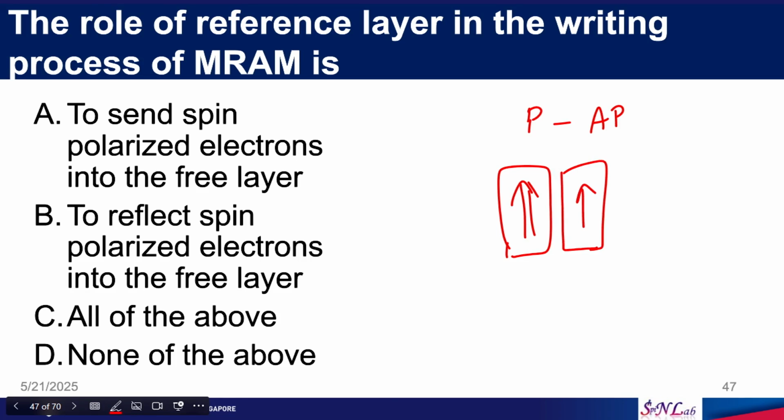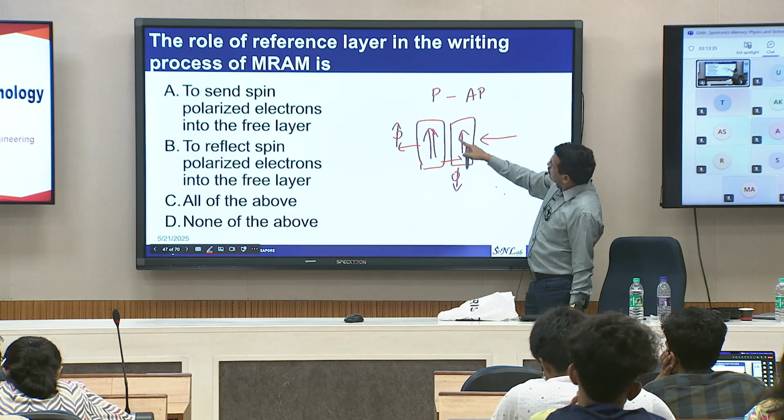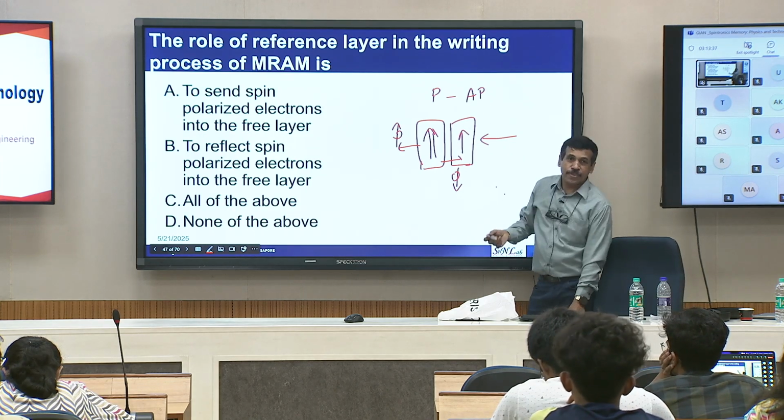You are sending electrons this way. The spin up electrons go out this way, but the spin down electrons get reflected back, right. Spin down electrons accumulate here and they are the ones causing the reversal of this magnetization from parallel to anti-parallel.